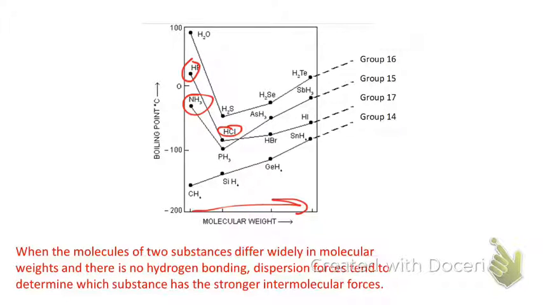Ammonia has a much higher boiling point than PH3 because ammonia, NH3, will hydrogen bond, whereas PH3 will not. So again, you can see the hydrogen bonding has a pretty critical impact on the boiling point, even more so than the increase in molecular weight. I hope this makes sense to you.